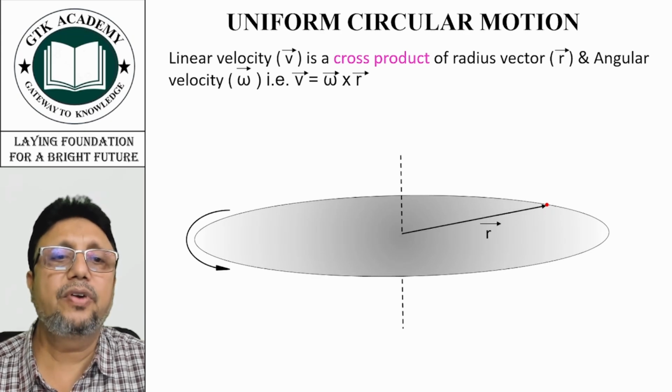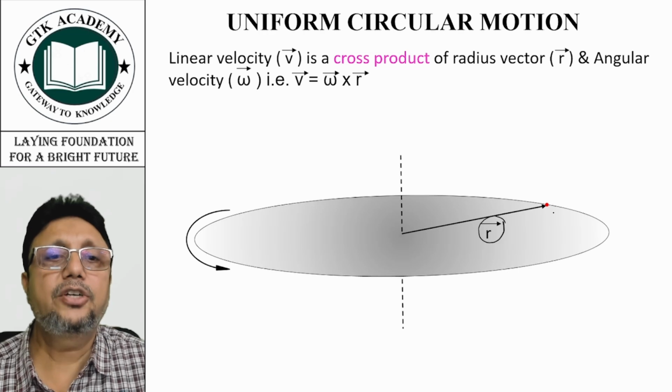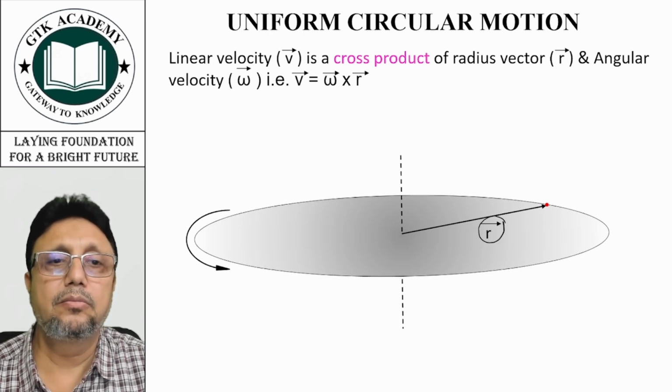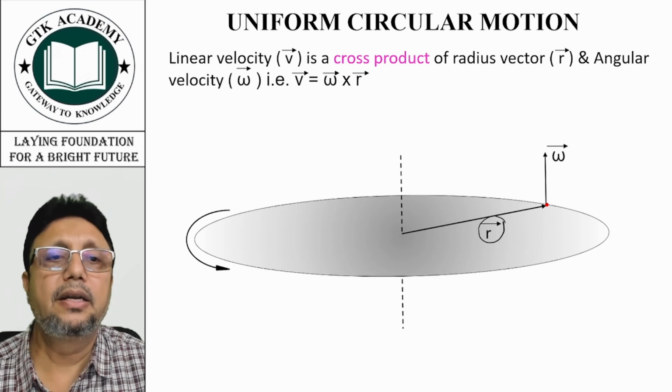Now, the radius vector of this point is r here. The direction of omega, what we discussed just now, using the fingers of our right hand curling in the direction of rotation, will be upwards like this.